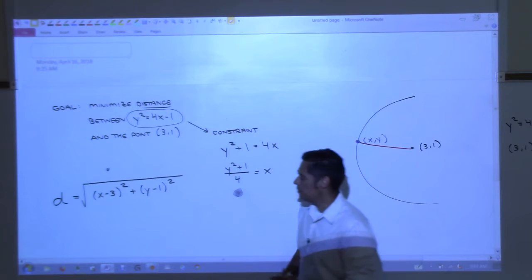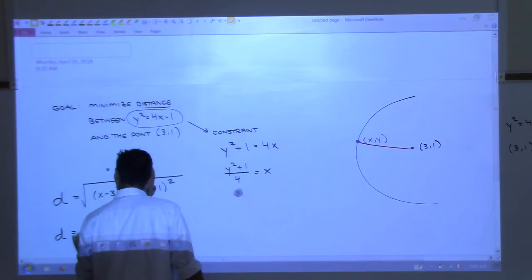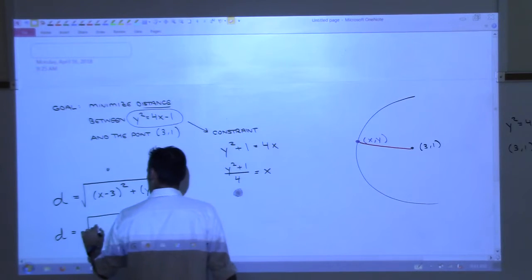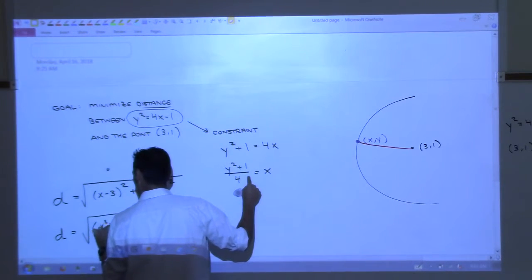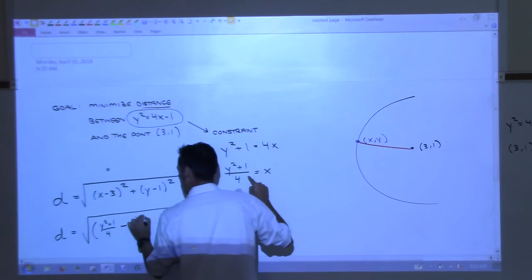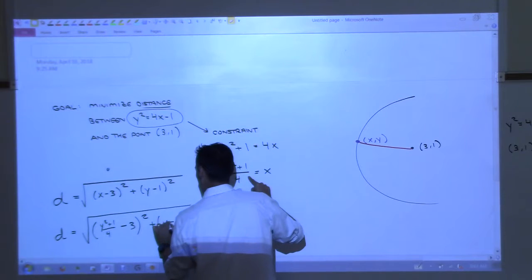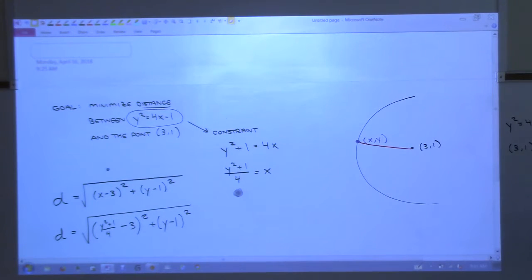So now back over here. Distance equals square root, and then x, which is this, y squared plus 1 over 4, minus 3, that squared, plus y minus 1 squared. That's pretty ugly, huh?